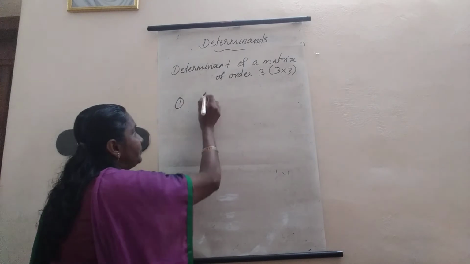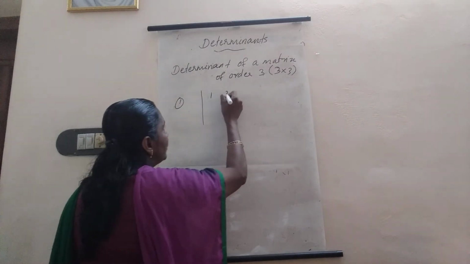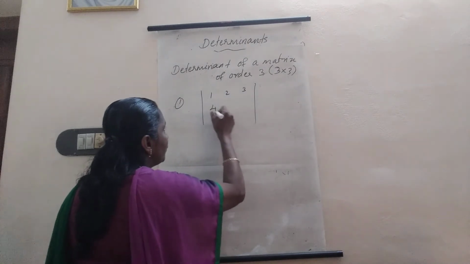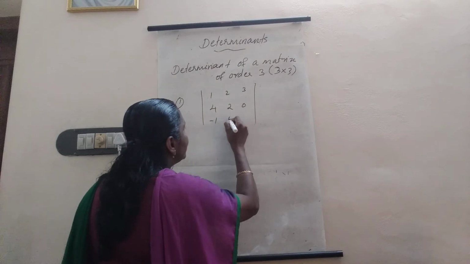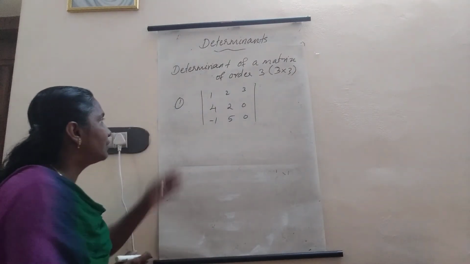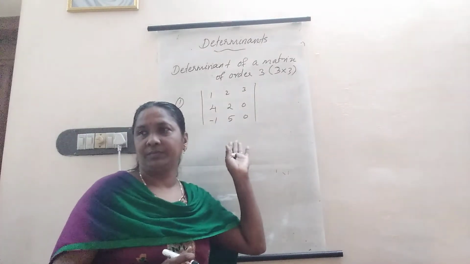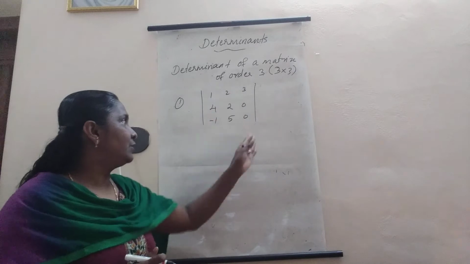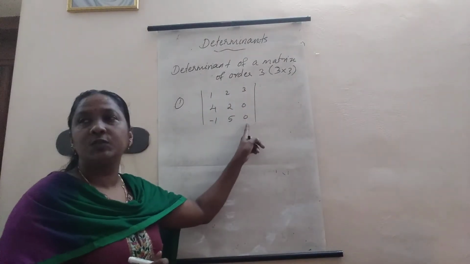Another example. Evaluate 1, 2, 3, 4, 2, 0, minus 1, 5, 0. Find the value of the determinant. Here it is easy to use the last column because the last column contains 2 zeros.